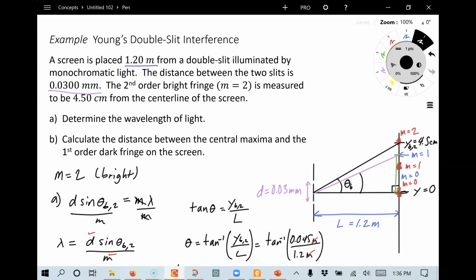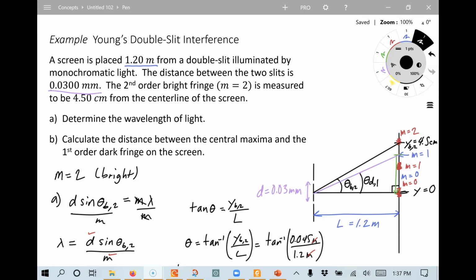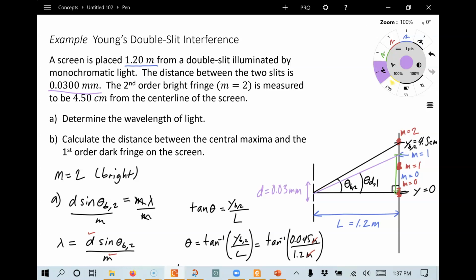This was theta bright 2. Now we're looking for theta dark 1. And we need to know theta dark 1 so that we can use the right triangle here to calculate that green distance there, right here. Once we get the theta dark 1, we already know L equals 1.2 meters. We can solve for the distance, that green distance here, which is going to be called y dark 1.